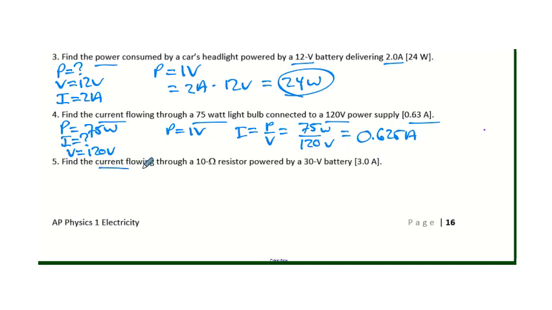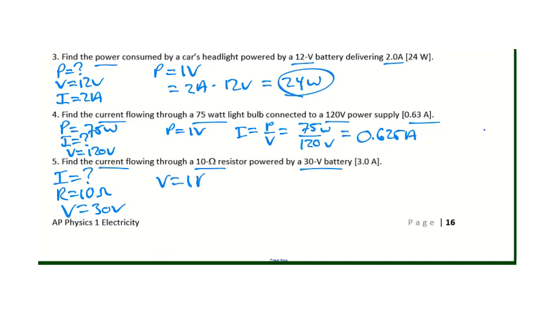Find the current flowing through a 10 ohm resistor powered by a 30 volt battery. So write down our givens. I is what we're looking for. R is 10 ohms, and voltage is 30 volts. That looks like an application of Ohm's law.